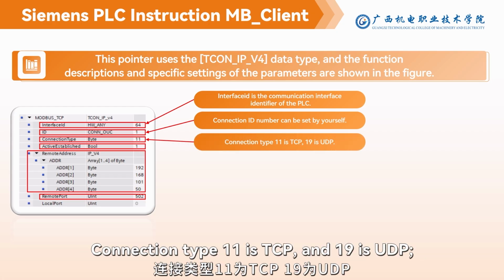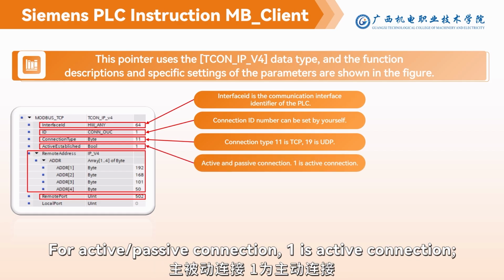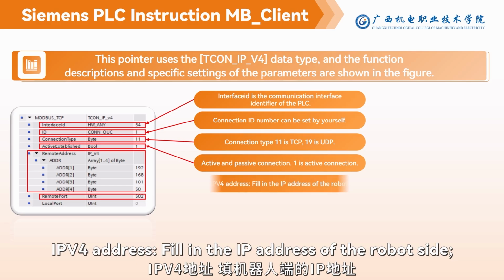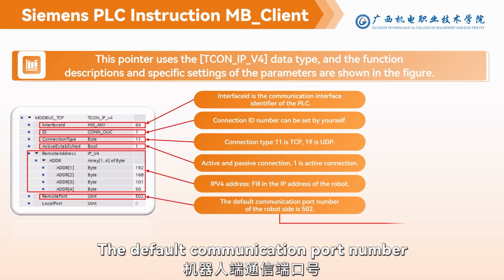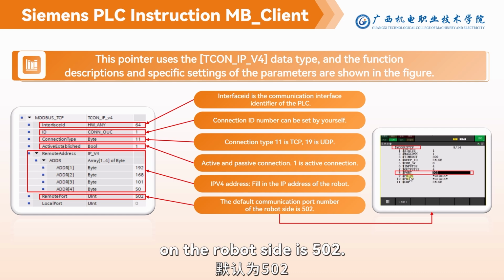Connection type 11 is TCP and 19 is UDP. For active passive connection, 1 is active connection. IP4 address: fill in the IP address of the robot side. The default communication port number on the robot side is 502.